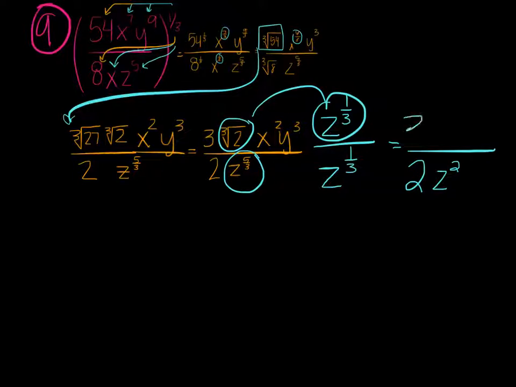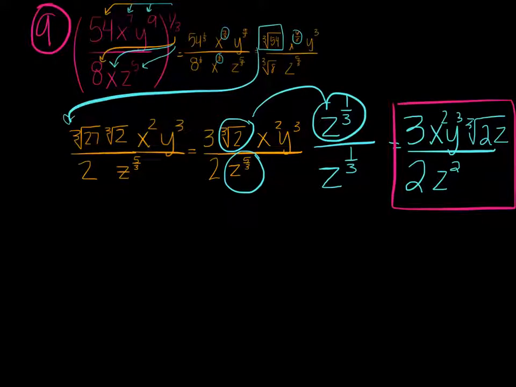So for our final answer, we're going to have 3 times the cubed root of 2 times z, since both of those are to the 1/3 power. And values that we have not under the cube root are x squared and y cubed. So this would be the final answer for this 4.0 problem.